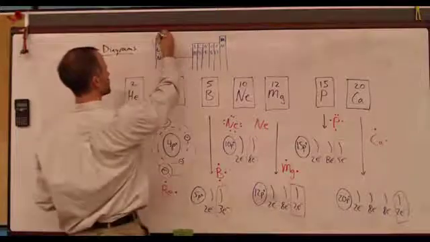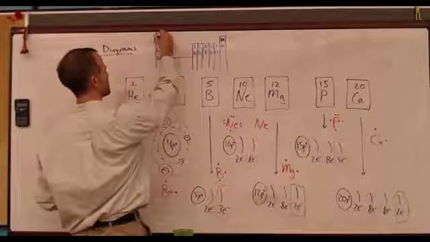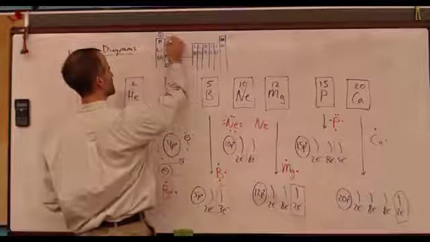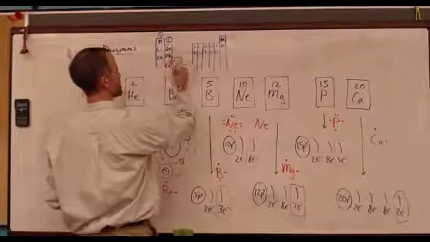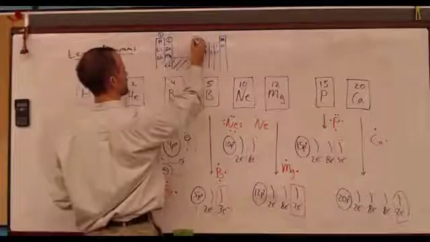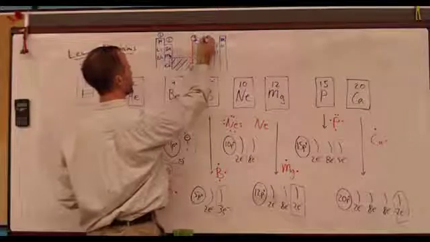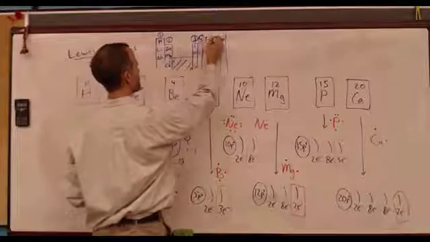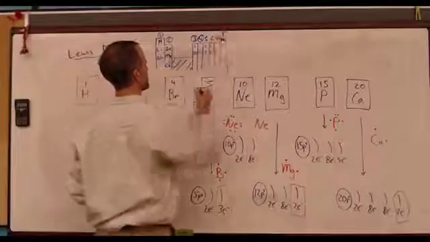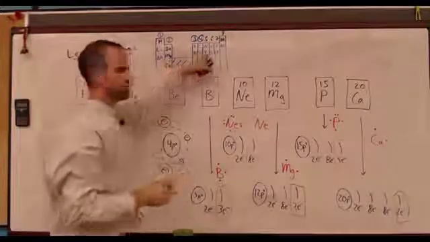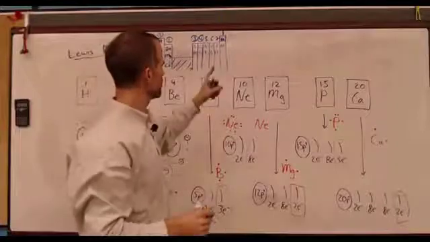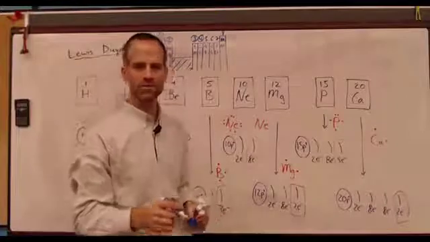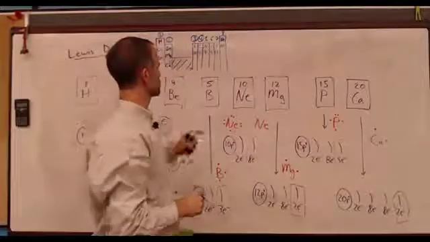If you number your columns, we call these the groups in the periodic table, and you skip that middle section, which isn't so important. 3, 4, number these, 5, 6, 7, and 8. If you find your element there, you will know how many valence electrons it has based on the group it's in.